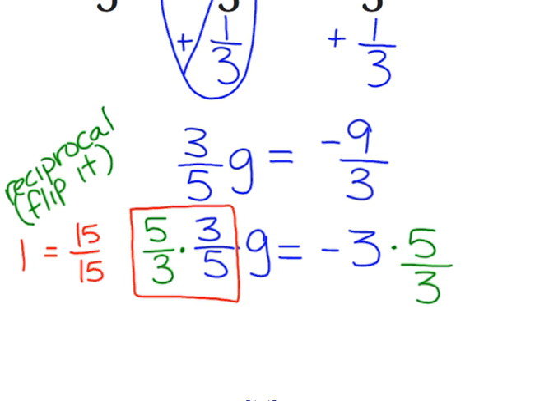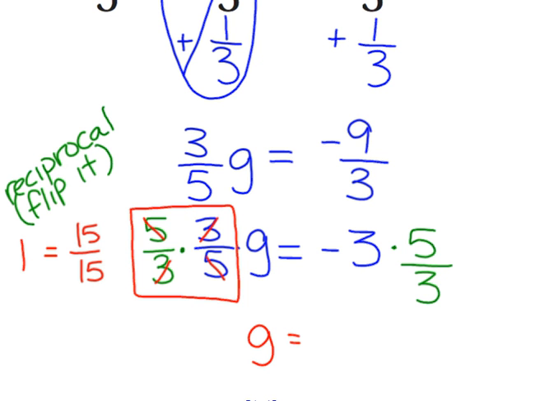And that was the whole point. We want to get 1g, so that's why we chose to multiply it by the reciprocal. So when we show that step, the 3's can simplify down to 1, the 5's can simplify down to 1, and we're just left with 1g, or that's just the same as g.